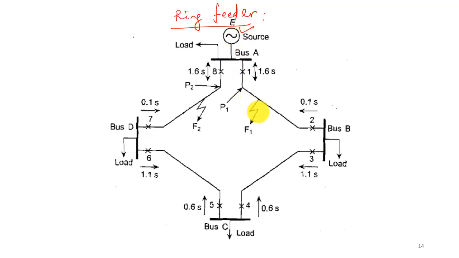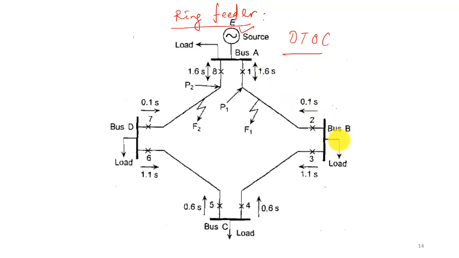Now the advantage of the ring feeder is that whenever a fault happens in any of the distribution lines, then if it is isolated, through an alternate path the load is fed by the source. Okay. So it has certain advantages, and for this kind of network we need the directional overcurrent relay, right? So here it has been shown considering a definite time overcurrent relay. Okay, the arrangement has been done.